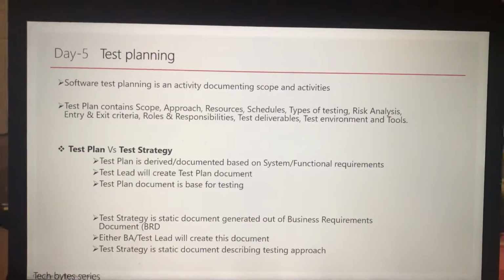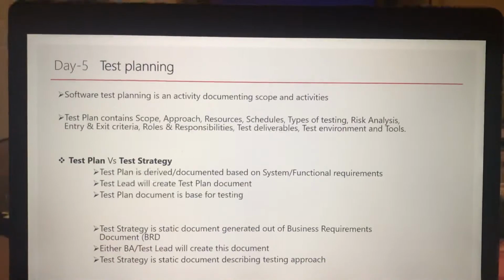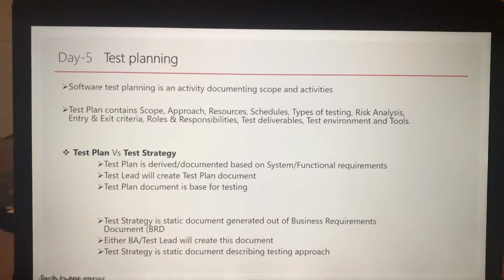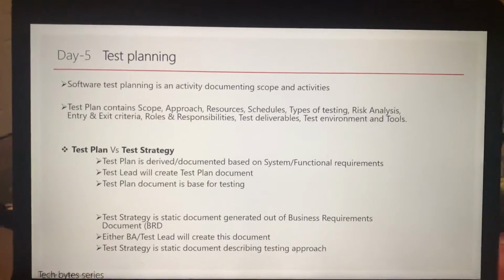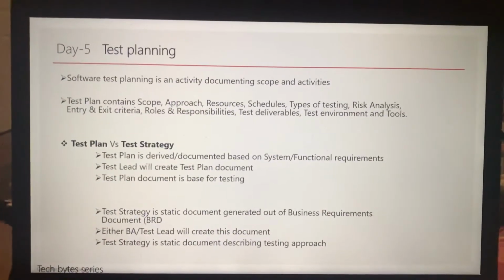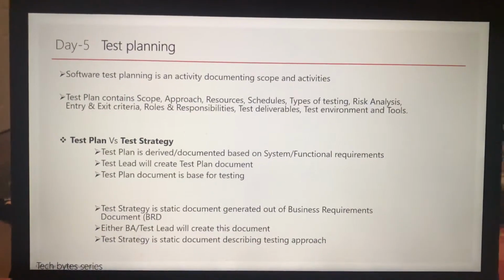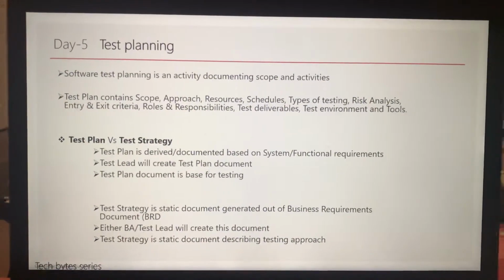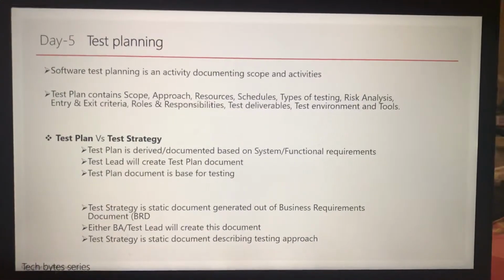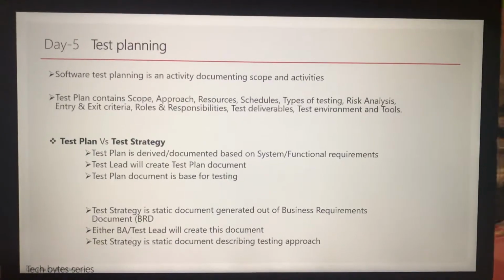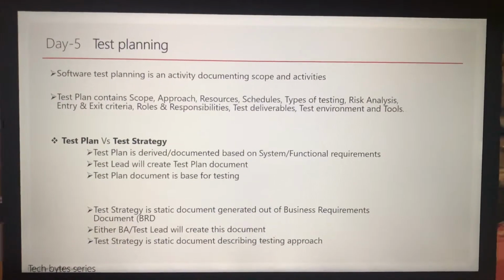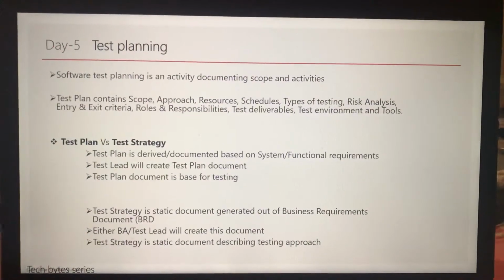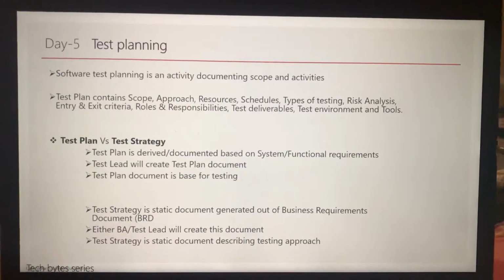There is a slight difference between test plan and test strategy. The test plan document is derived or documented based on the system or functional requirements which were given by the end user, the customer. The test plan is documented by the test lead, and it is a base document to start testing.